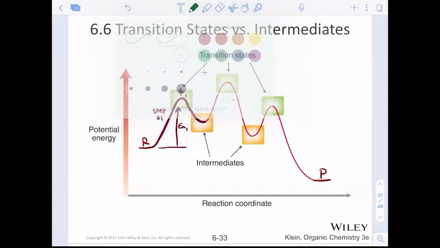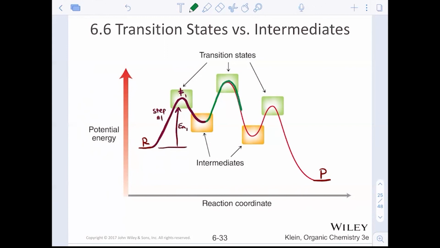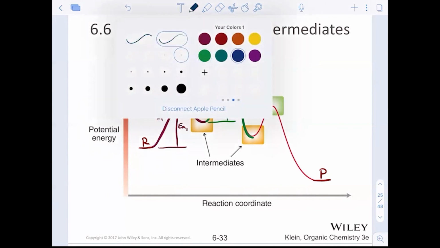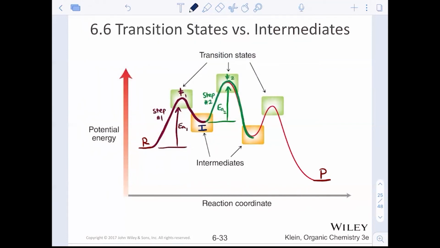What's important to note is that does not need to result in a product. It results in an intermediate if there's a second step. This is step 2. Transition state 2. Activation energy 2. Right? Between two steps are what we call intermediates.